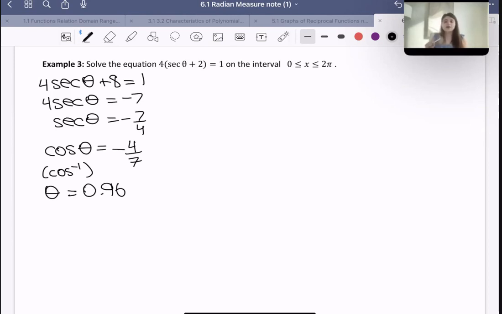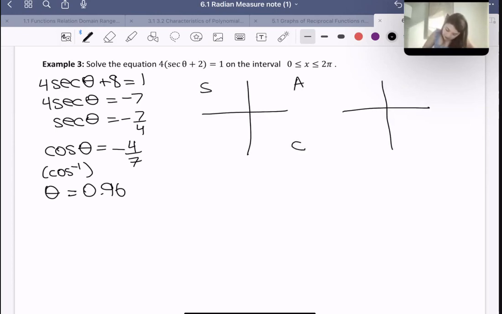So in this case, we have cosine, and we have a negative value for cosine. So where is cosine positive versus negative? Well, let's see. Cosine is positive in quadrant 4 and quadrant 1, and it's negative in quadrant 2 and 3. So that means we're going to be focusing on quadrants 2 and 3 today.